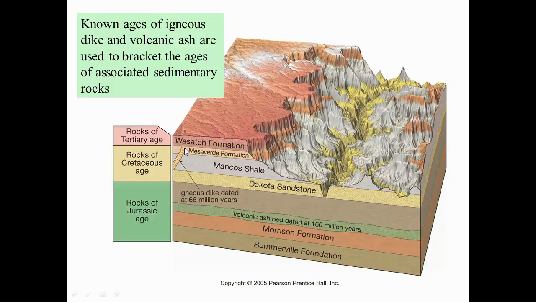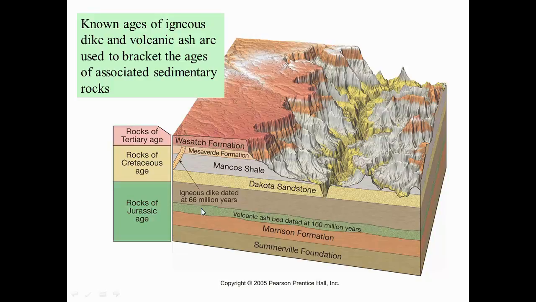One is this igneous dike, which has been dated at 66 million years. Another is a volcanic ash bed that's been dated at 160 million years. The assumption is that the volcanic ash bed was deposited on the surface prior to deposition of the overlying sedimentary units.